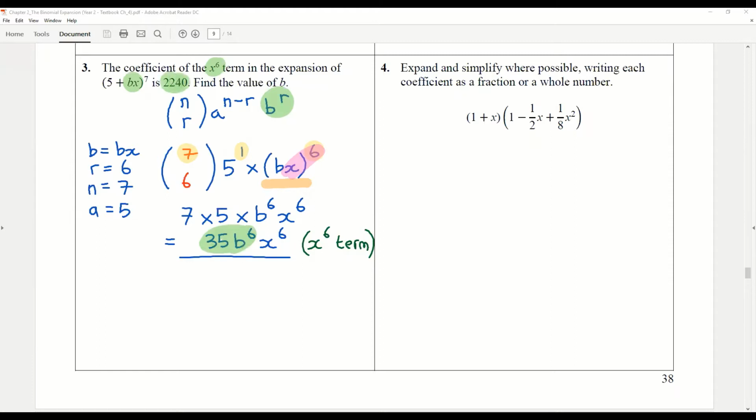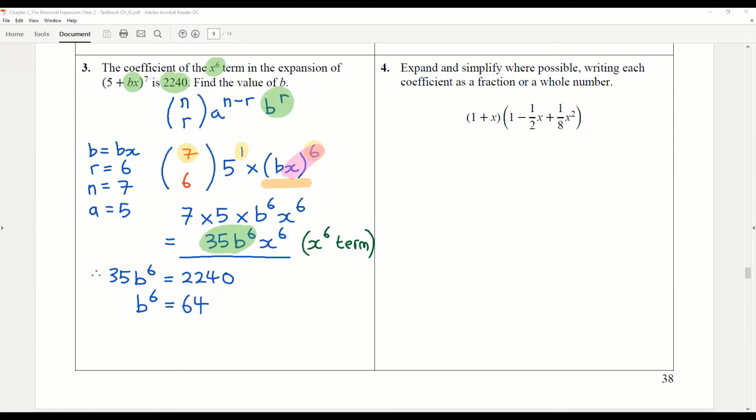So we can set up an equation now. So let's do that. So therefore, 35 b to the power 6 must equal 2,240. Divide both sides by 35 and hopefully we'll get a nice number. That's 64.